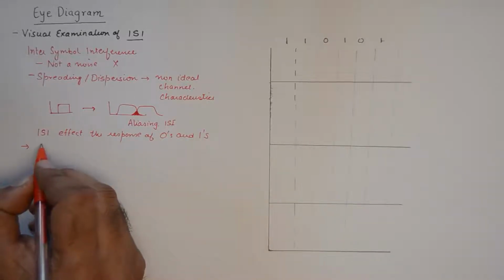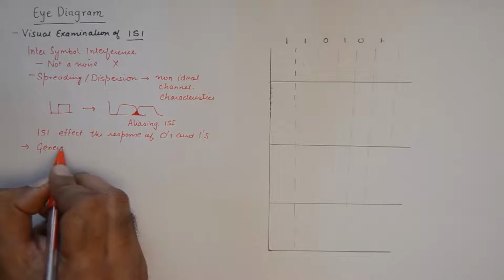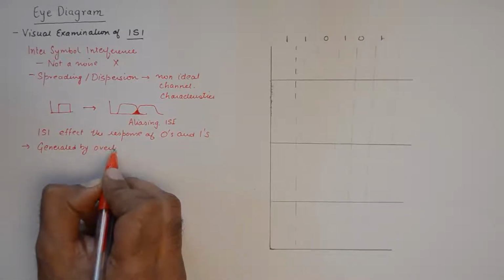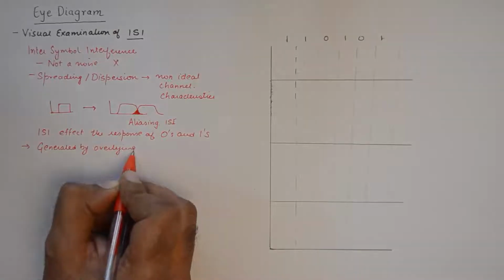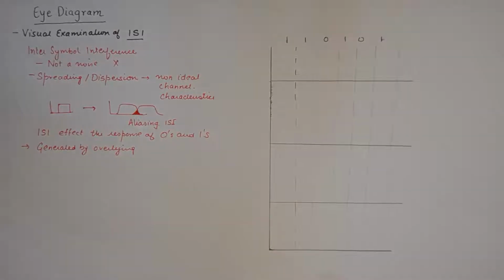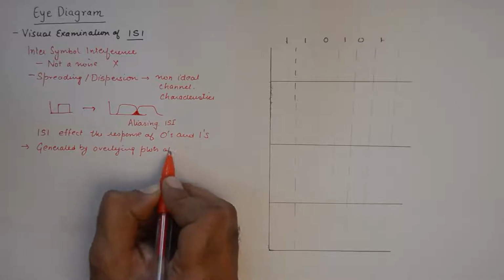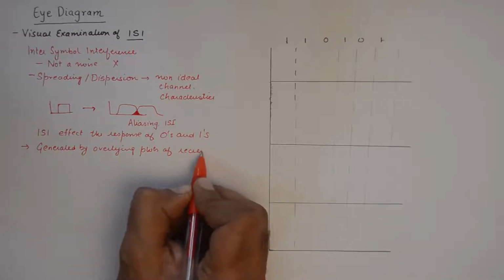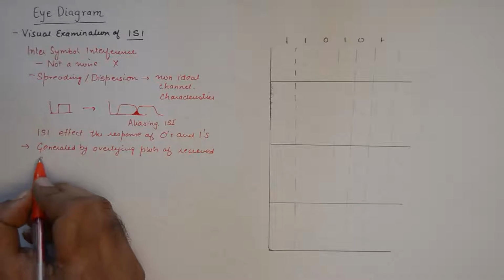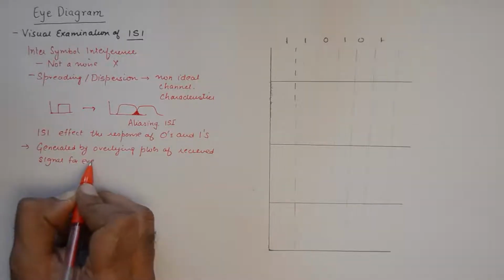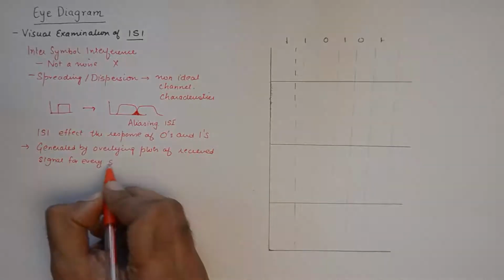It is generated by overlaying plots of received signal for every symbol time.